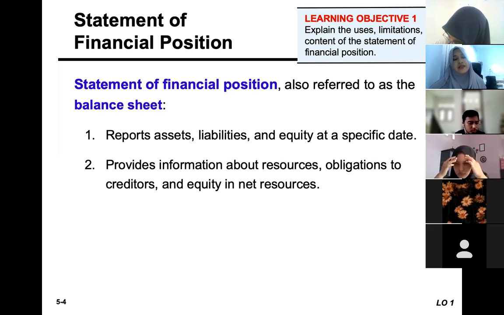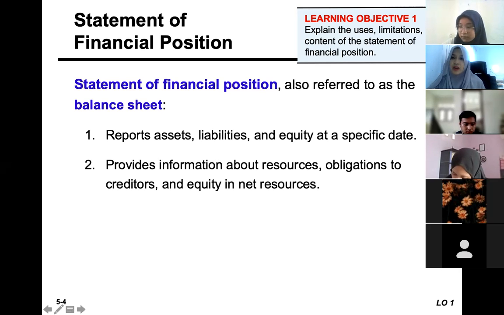So it gives us the information of what the company has in terms of resources, what they owe in terms of obligations, and how much the financing of the company is in terms of the equity.